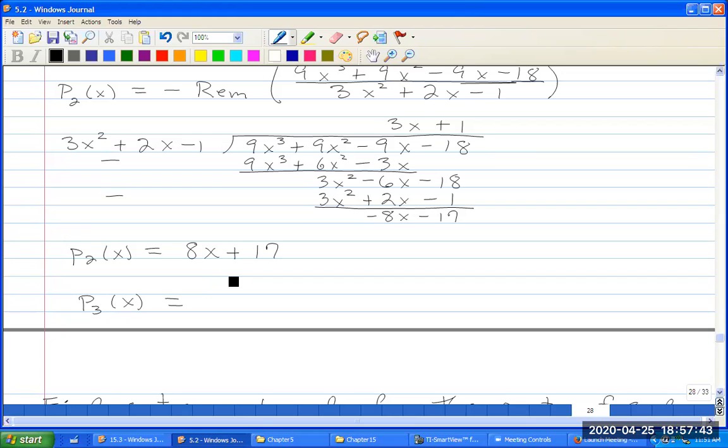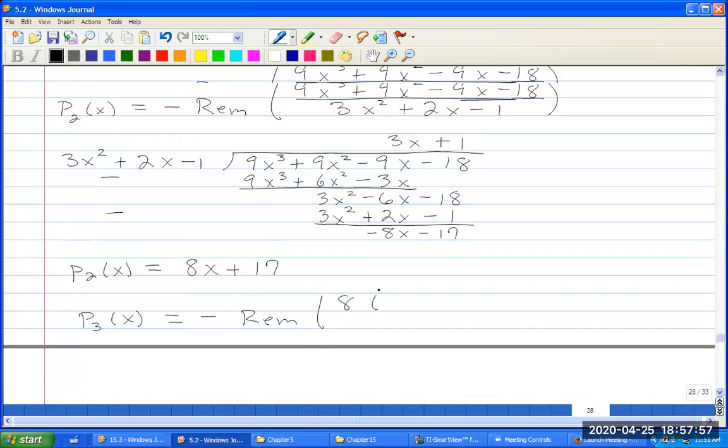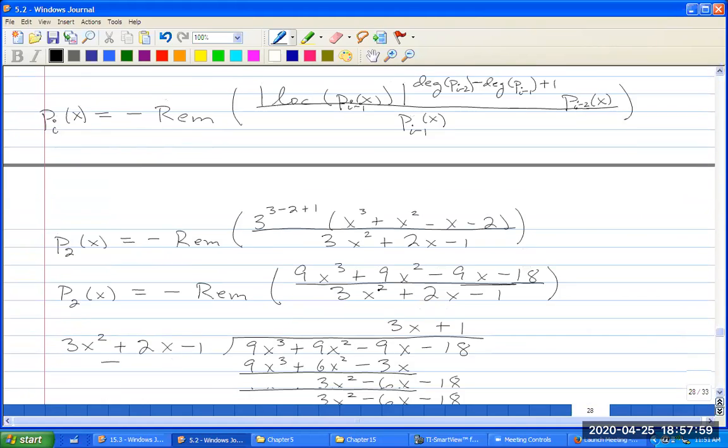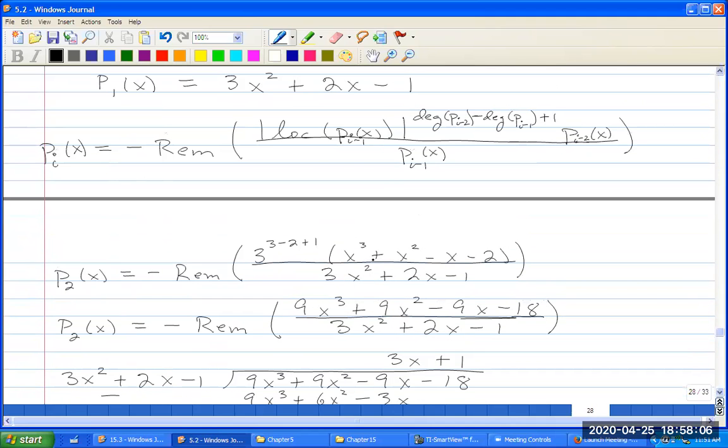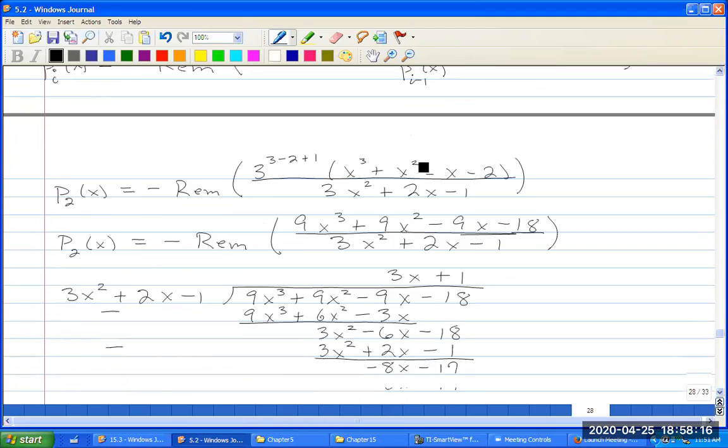So squared. Oops. Minus the remainder of 8 squared, sorry about that, because of the same reasoning here. It's going to become a squared of the one two before divided by the one before.